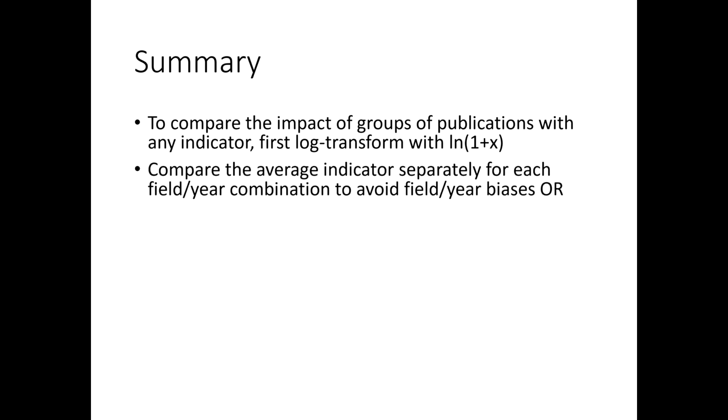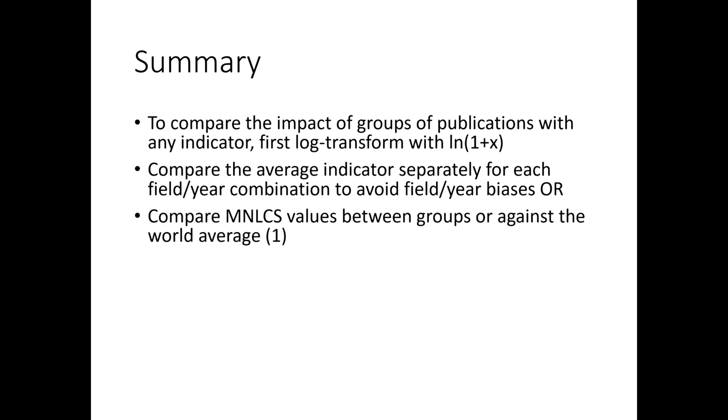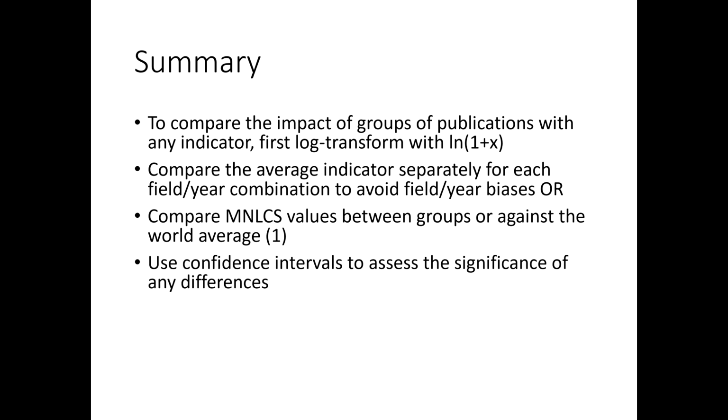And then we compare the average indicator separately for each field and year. This is the separate calculations strategy. Or compare MNLCS values between groups or against the world average of 1. This is the recommended strategy if you can get the world data or a random sample of world data. And we can use confidence intervals to assess the statistical significance of any differences.